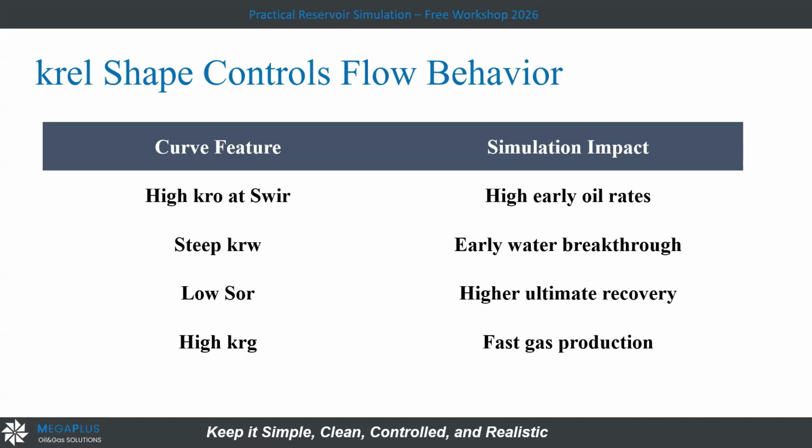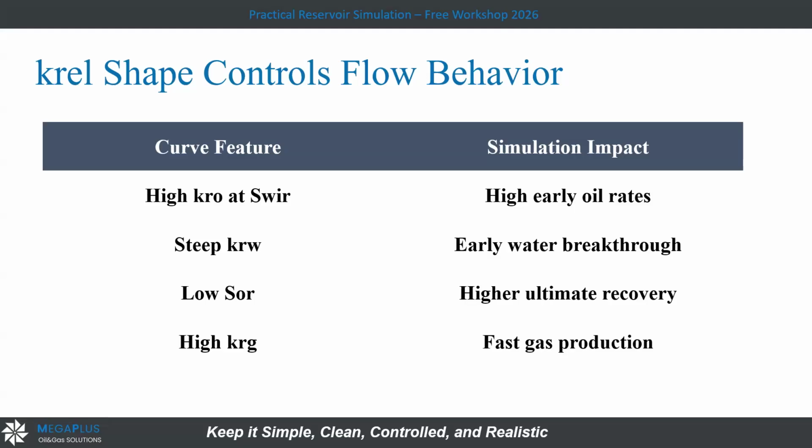If you have high relative permeability at irreducible water saturation, you have early oil rates. The steepness of the relative permeability shape affects early water breakthrough. That's why I'm telling you that in the Corey function, the exponent n is very important, and you will modify it to get the match that you need.